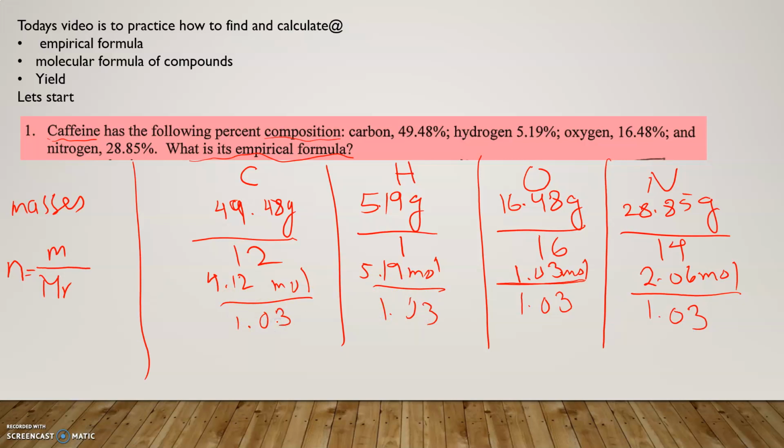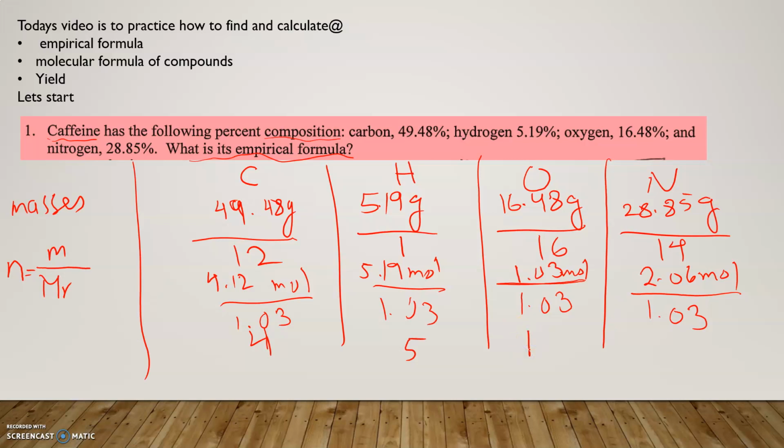So 4.12 divided by 1.03 equals 4. Then 5.19 divided by 1.03 is 5. This one is 1.